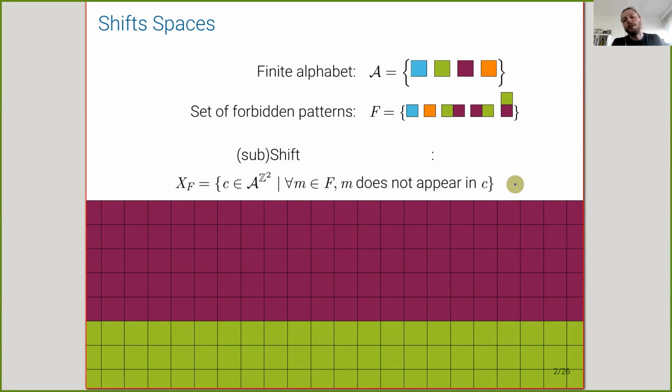I will also have in the subshift the all purple and the all green configurations, that correspond to shifting the limit between the two either to infinity at the top or to infinity at the bottom. What I call a shift of finite type is just when the set F is finite.